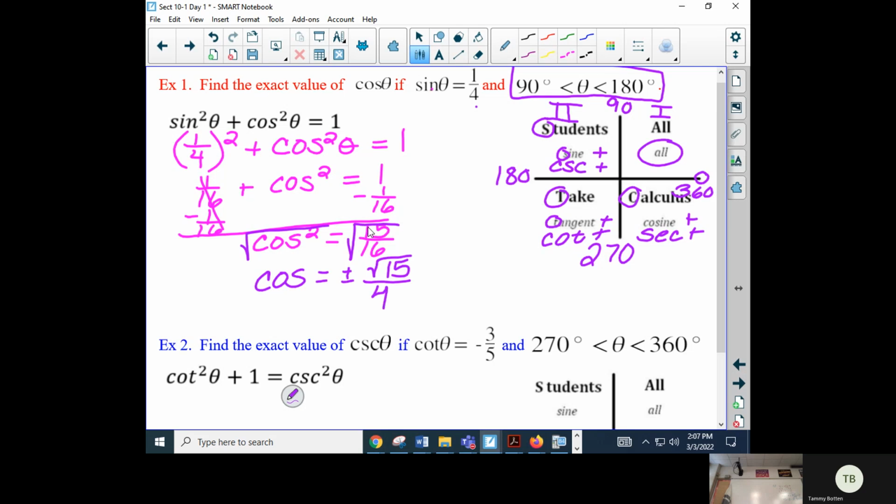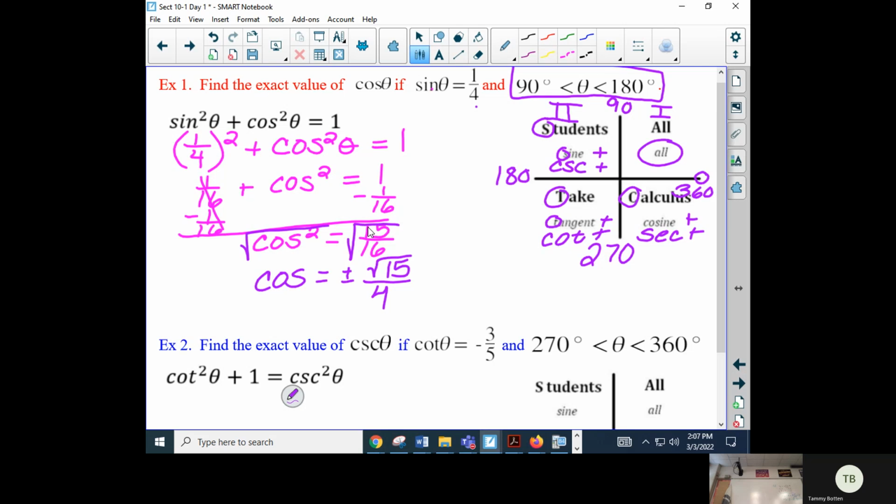Now you want to see if you can reduce that at all. And what I mean by that, do you guys remember if you have a number under a square root, that there's a perfect square that divides into it, you would have to do that and take out whatever the square root of that is. So what you would think of is, is there a perfect square like 1, 4, 9, 16 that divides into 15? It doesn't, okay? Then that means this is reduced as much as it can be.